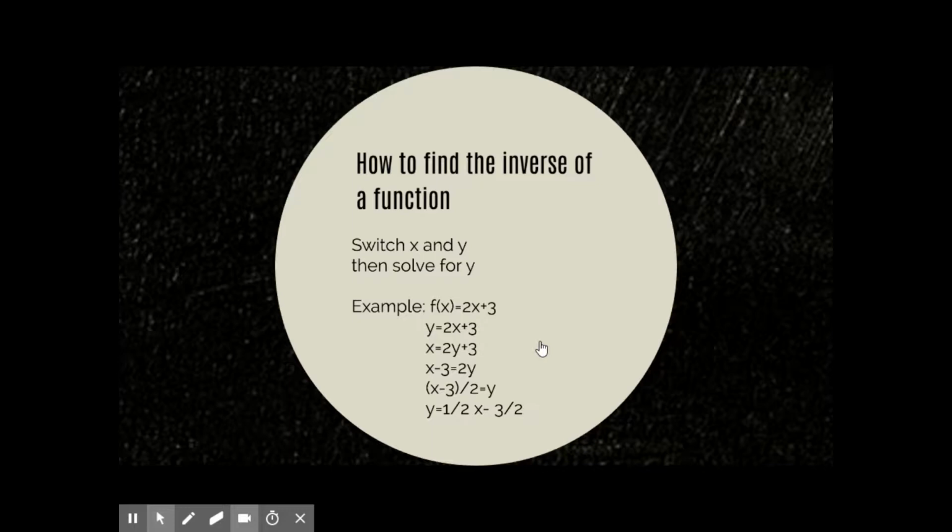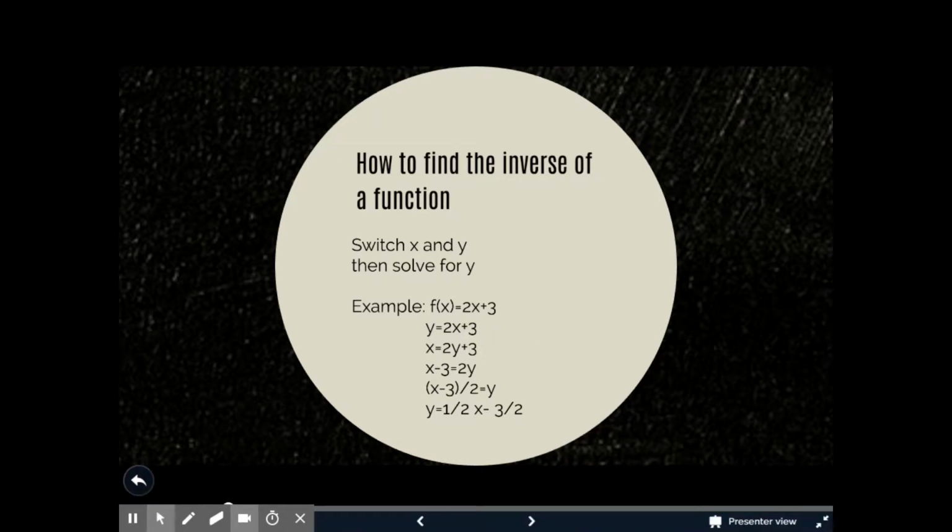And then you're solving for y, so you want to move the 3 over with the x, and divide by 2. And then that is your inverse.